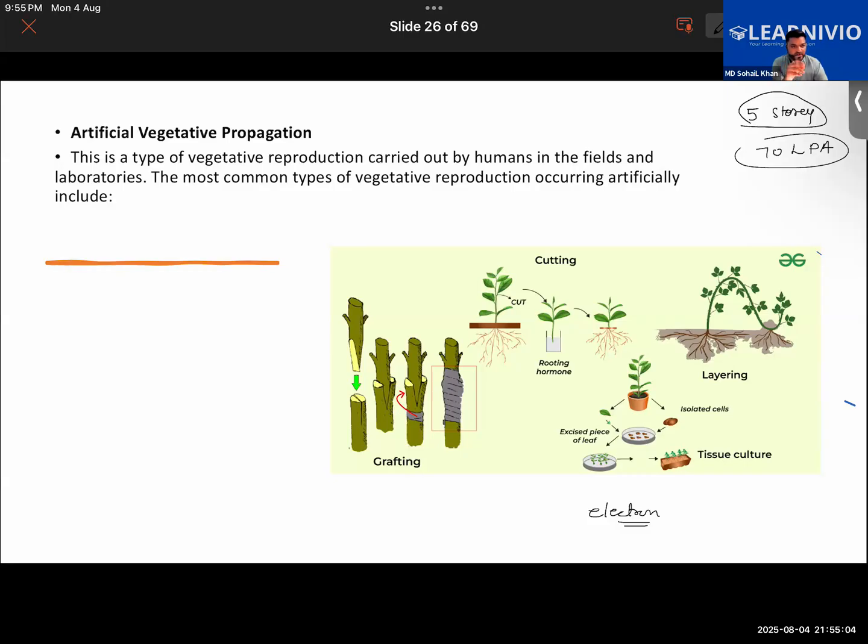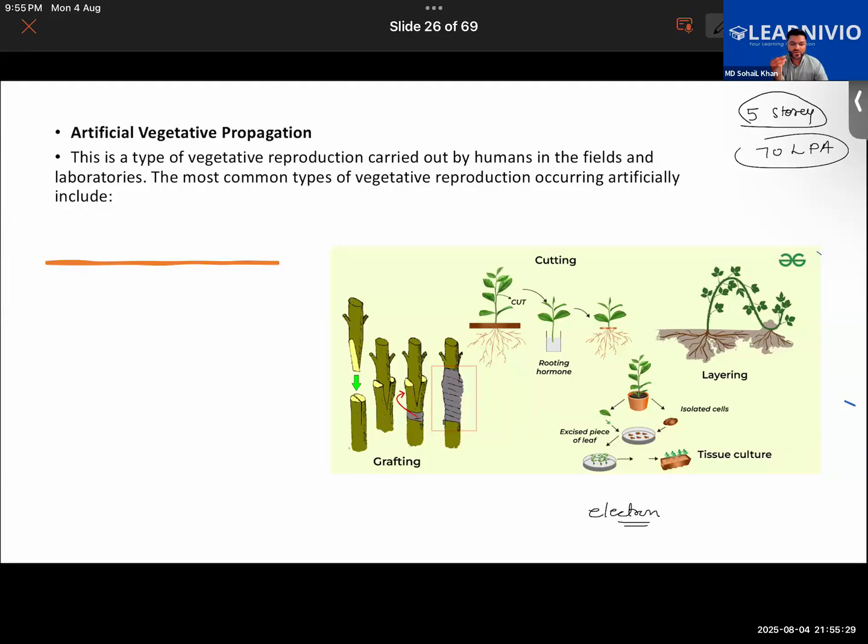If you take the seed from that plant and grow it, the sweetness might not be the same, the flavor might not be as good, the size might not be exact. Growing it by seed will also take lots of time, and you will have to take care of it.